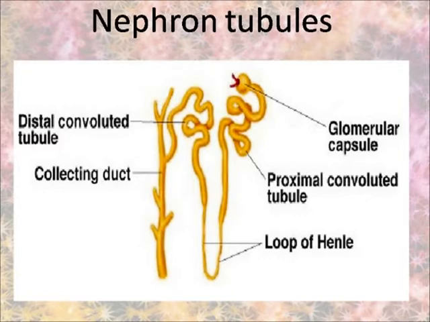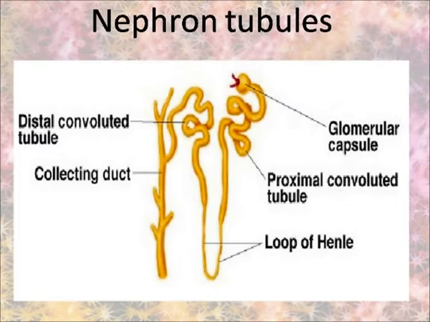Loop of Henle. Fluid passes from the proximal convoluted tubule to the loop of Henle. The function of the descending limb is water reabsorption, while the function of the ascending limb is active transport of sodium ions, and it is impermeable to water. The distal convoluted tubule contains few microvilli.